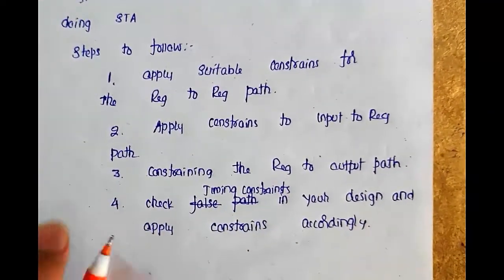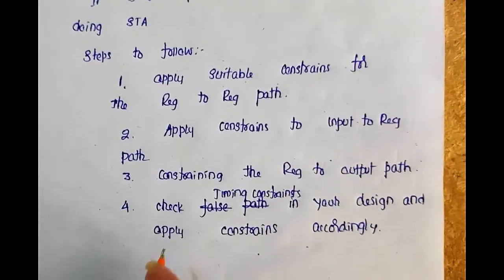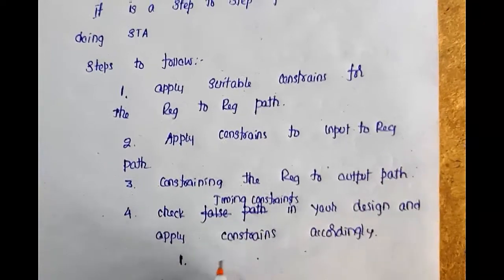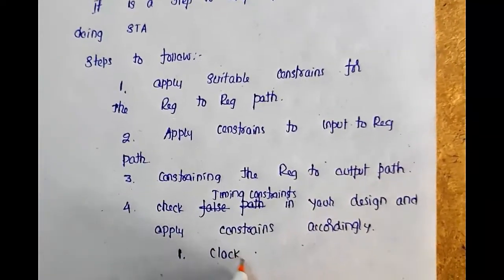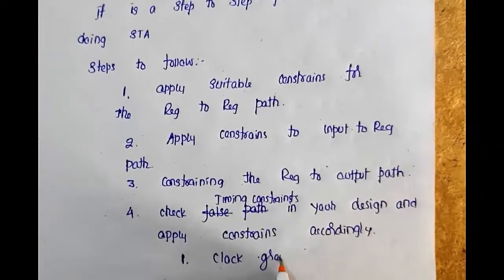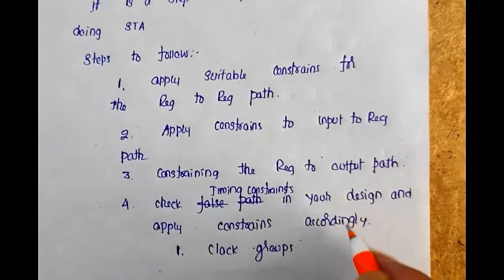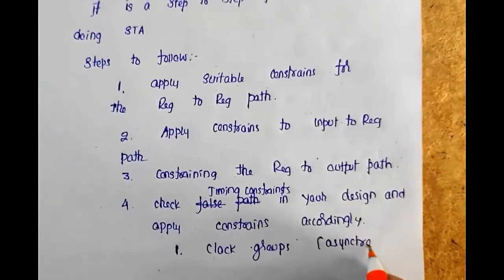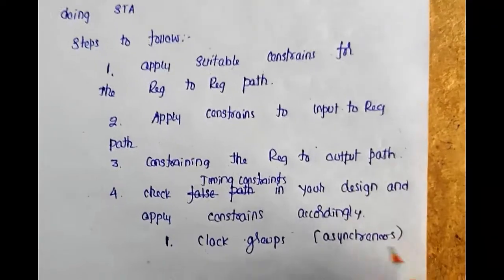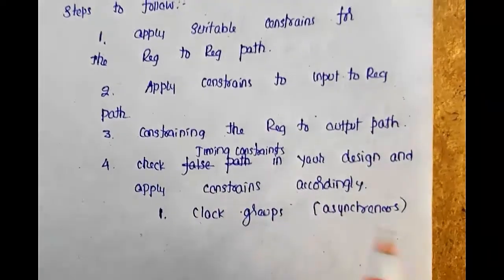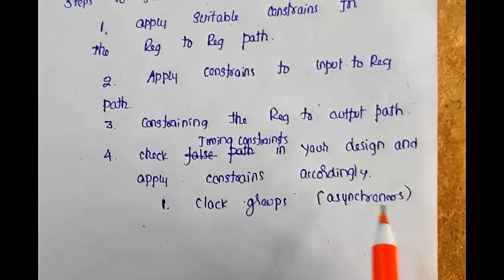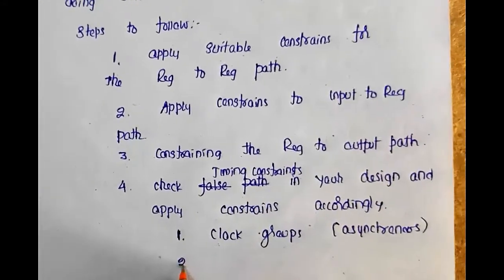Are there any possibilities in your design and your constraints? The priority will be clock groups, which come as asynchronous. So first you give the priority where there is an asynchronous path or not, and you give the constraint.